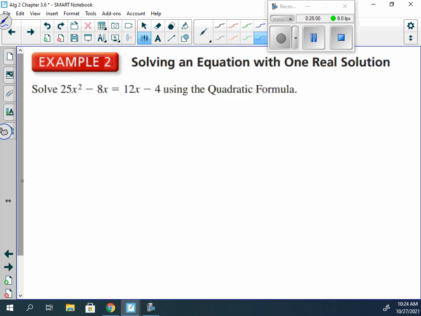With this here, we need this equation equal to 0.